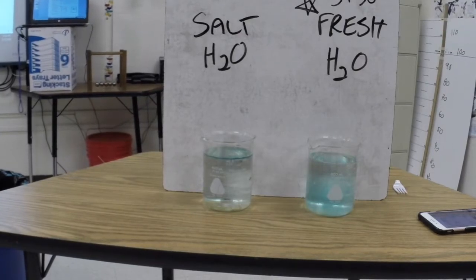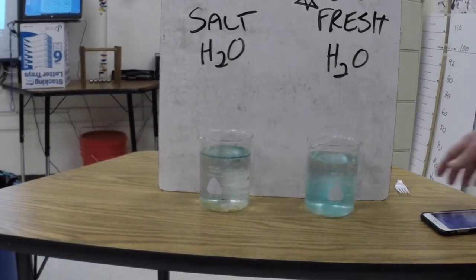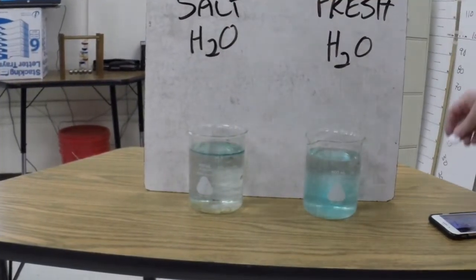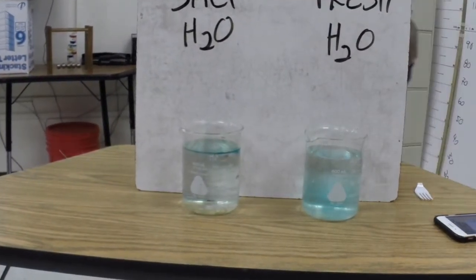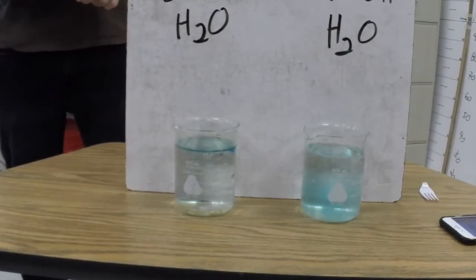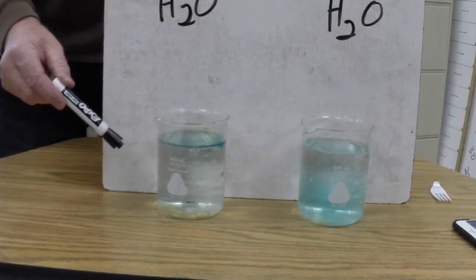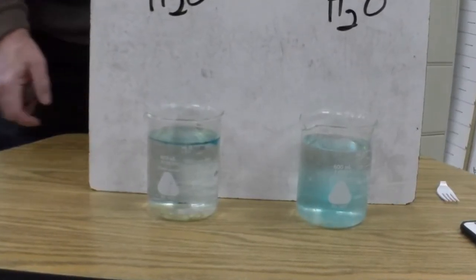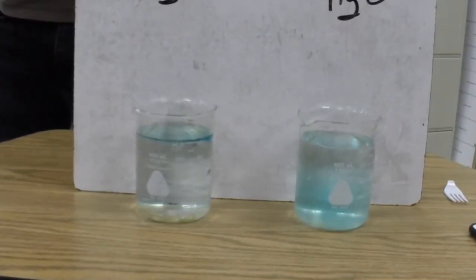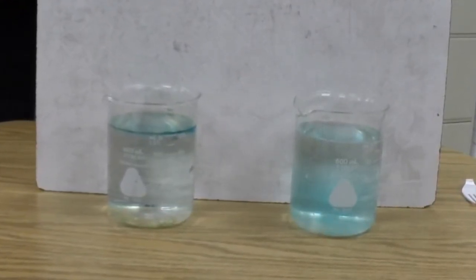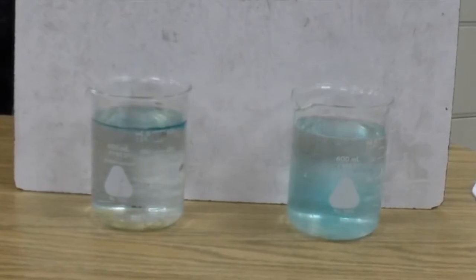Okay, so let's think about that. Is it melted yet? Not quite. Just going to move it around just to see it. Yeah, it's not quite melted yet. So why is this one melting more slowly? What do you think is causing it to melt slowly?